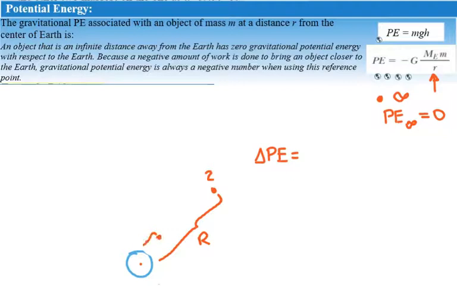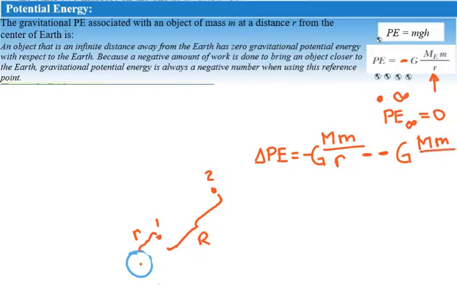And this is little r, and this is big R. So the potential energy is the final, which is negative, and I have GMm over big R, minus the initial, which is negative as well, GMm over little r.